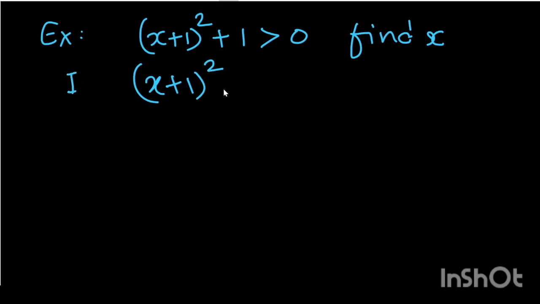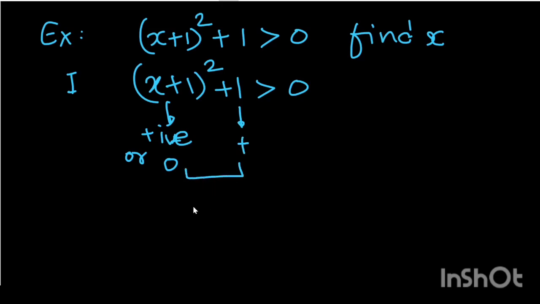The first reasoning goes like this: x plus 1 whole square is always positive, or at the least it can become 0, and 1 is a positive quantity. So positive plus positive, if you add these two, you will get a positive value, which is greater than 0, so therefore it's an identity. So it is valid for what, x? Yes, x belongs to R.